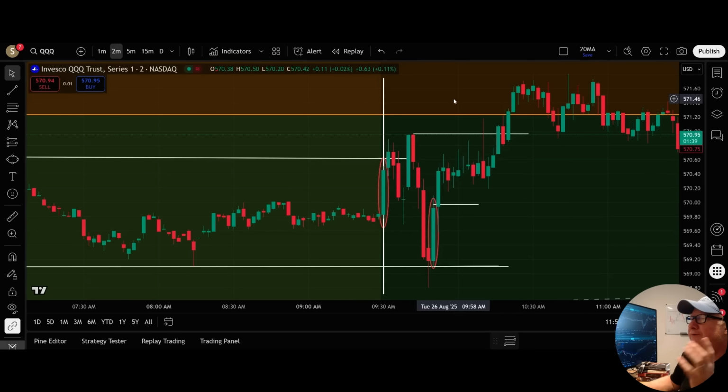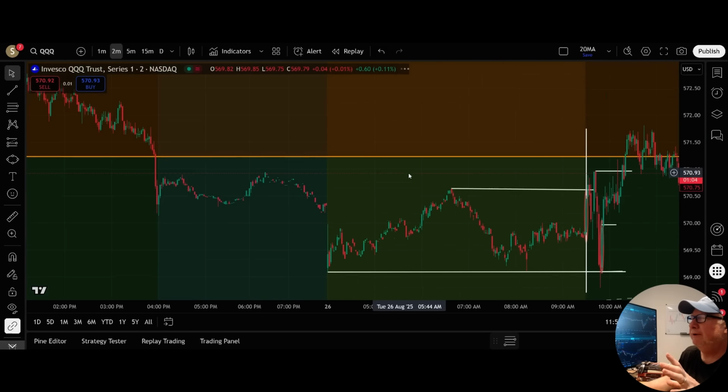And use the higher time frame Fibonacci numbers, which is this yellow line, as your price target. You can see this spike got within 7 cents of that Fibonacci number.